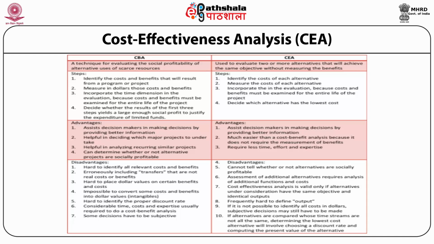The first step is to identify the costs and benefits that will result from a program or project. Second step, measure in dollars those costs and benefits. And third, incorporate the time dimension in the evaluation, because cost and benefit must be examined for the entire life of the project.